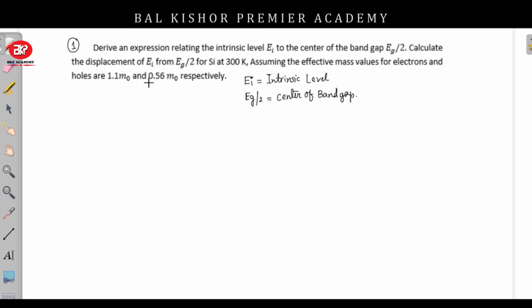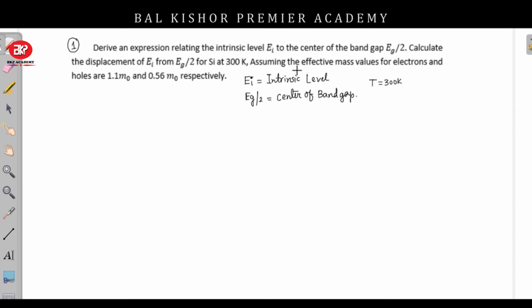Now we have to find the displacement of Ei from Eg by 2 for silicon at T equals 300 K. So the temperature is given as 300 K.